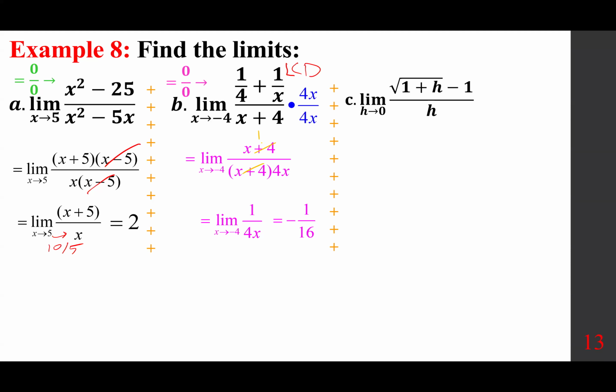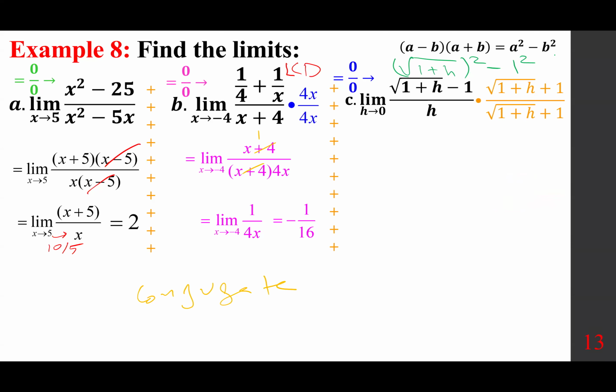For the last part, if you plug in, you get 0 over 0. And the technique is the conjugate. a plus b and a minus b are conjugates. Therefore, when you multiply those two, you get the first one, square root of 1 plus h, squared, minus the second one, squared.